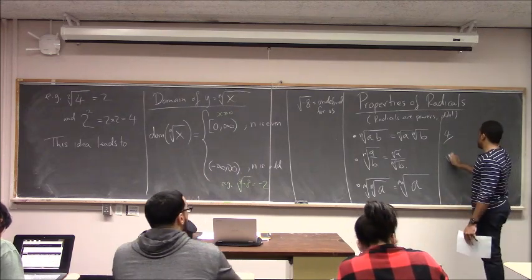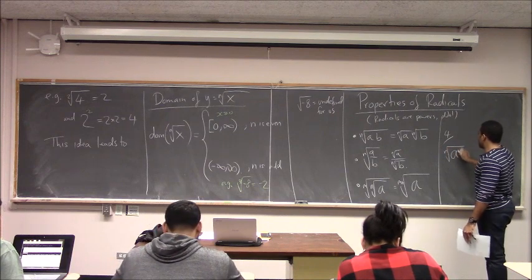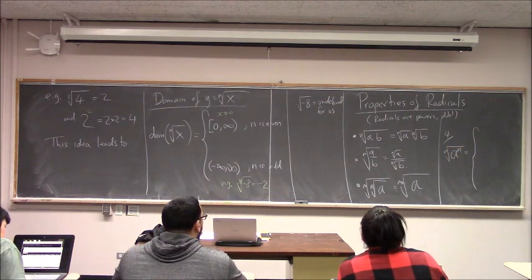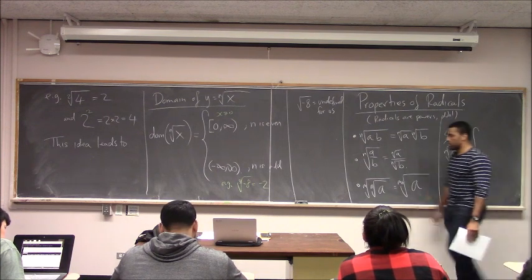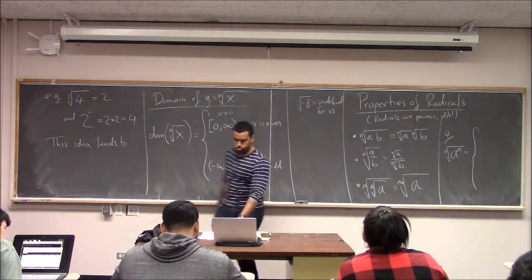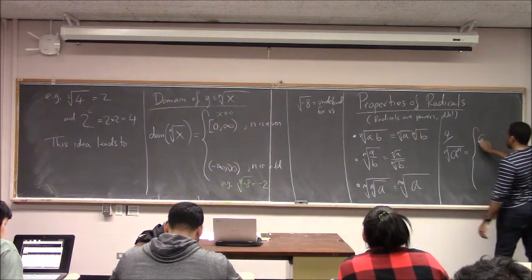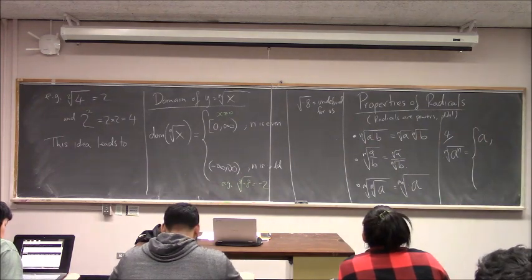If you take the nth root of a to the n, what do you get? It turns out that there are two possibilities for this. You can get a in what case?